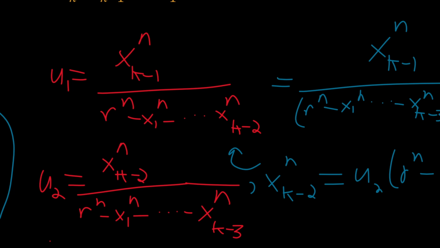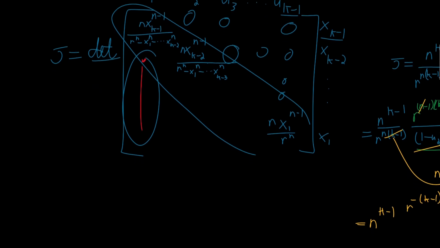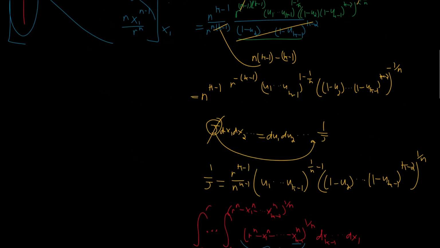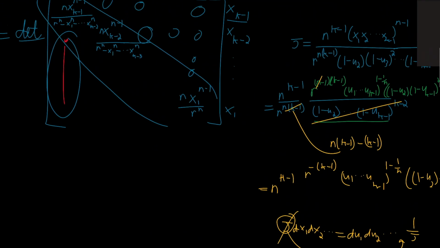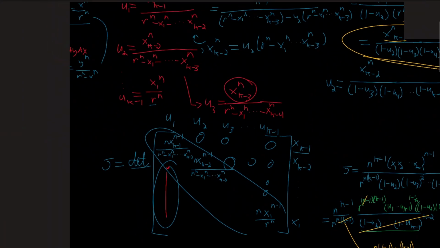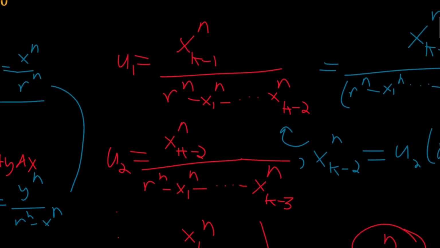Plugging that in for x_{k-1}, that's going to get raised to the n power. Writing this in here, we have an n over n, meaning that it's just going to cancel. So we just have r^n minus x1^n minus dot, dot, dot, x_{k-1}^n, and you'll see that that's just what we have in the denominator.